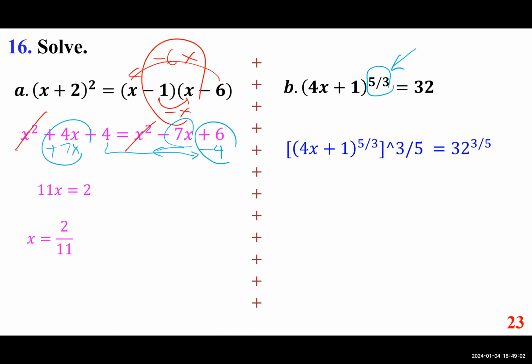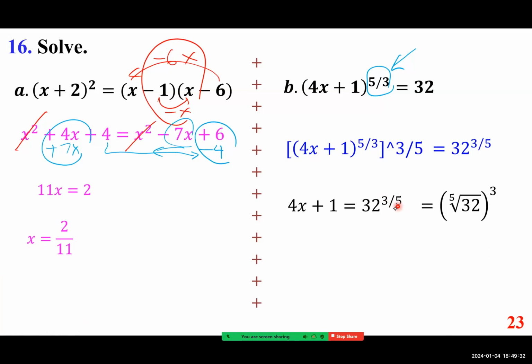So what happens on the left side? It basically becomes 4x plus 1. That's all. What about the right side? I'm going to remind you that the numerator is the exponent and the denominator is the index.